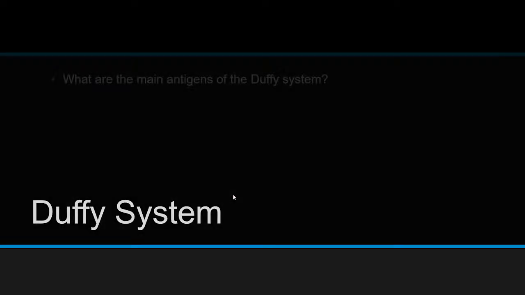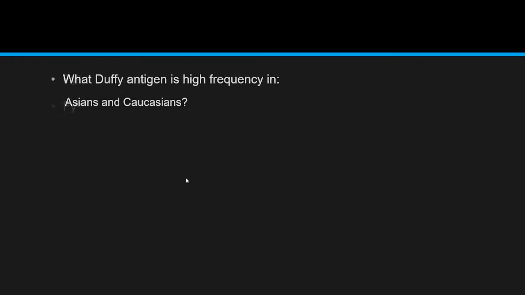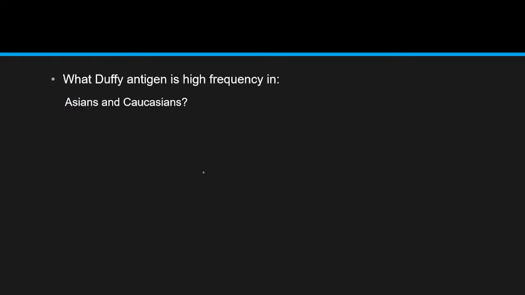All right, now let's move on to the Duffy system. The Duffy system has only two main antigens that we need to talk about: FYA and FYB. Easy to remember because it's FY, the last two letters of Duffy.